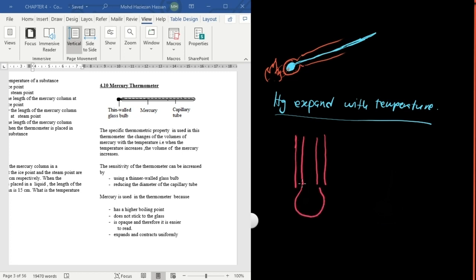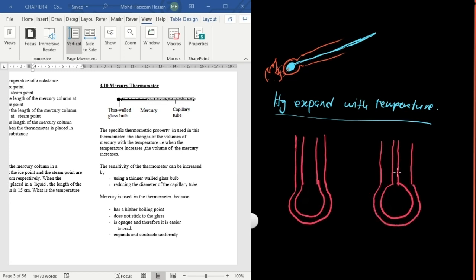This is the bulb. Another one is with a thinner capillary tube, but with the same size of bulb. Same size of bulb and same size of stem, same thickness. Only the diameter is different.